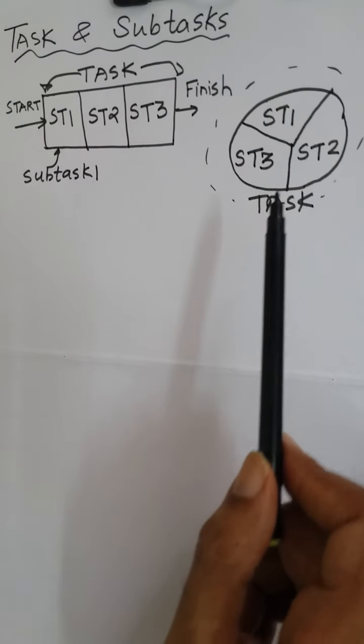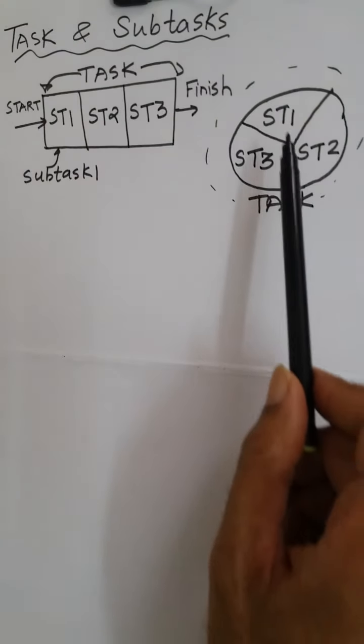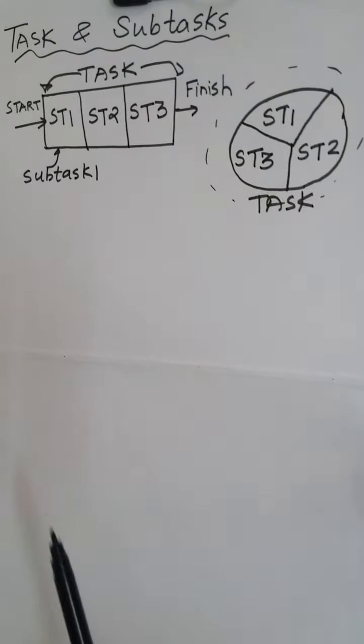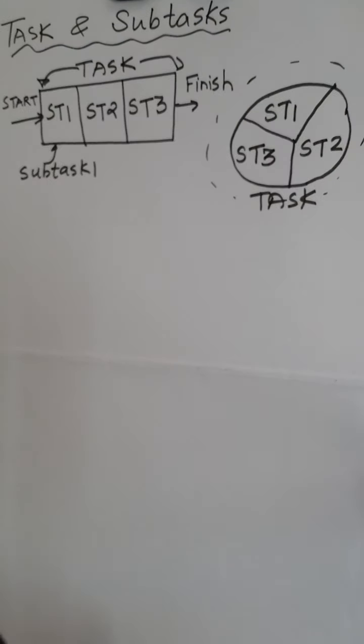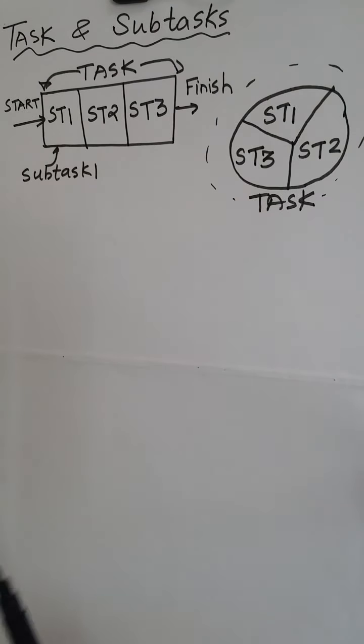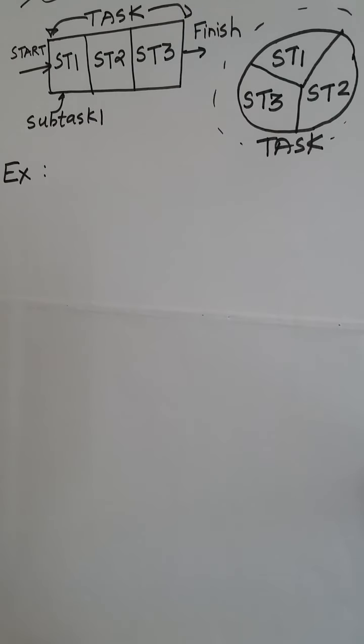But depending on the nature of the task, any subtask can be done first, in any order, okay? So the thing is, in order to accomplish a task, the subtasks need to be accomplished, need to be finished. Now let's see some examples of a task.